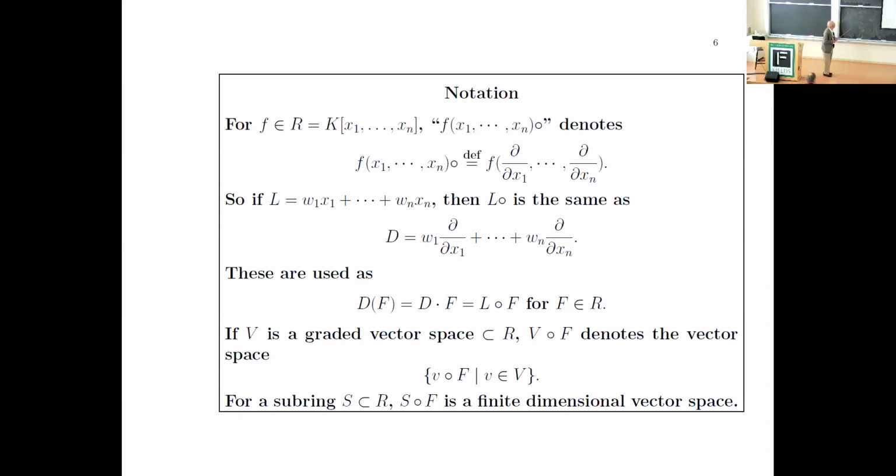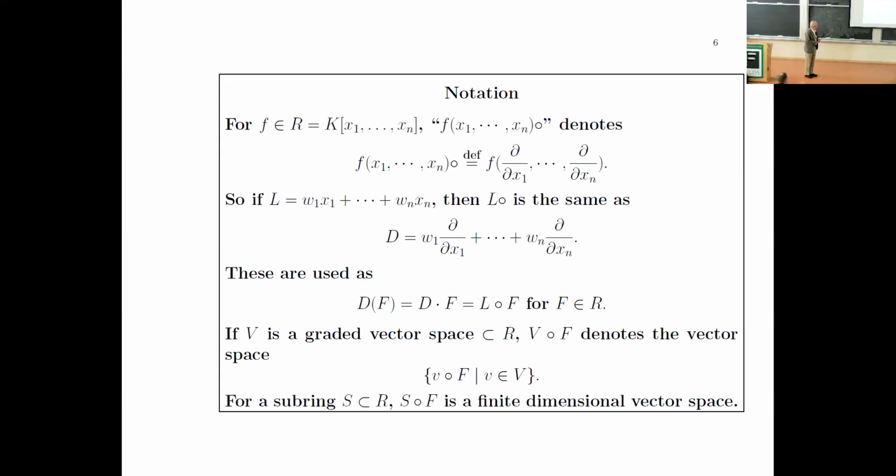And so, for example, if L is a linear form, L circle simply means this differential operator, which is sometimes called a polarization when coefficients are variables. This is the same thing as Chris was talking about this morning, but some explanation I omit. And these notations are used in this way: D of F, D dot F and L circle F are all the same thing.